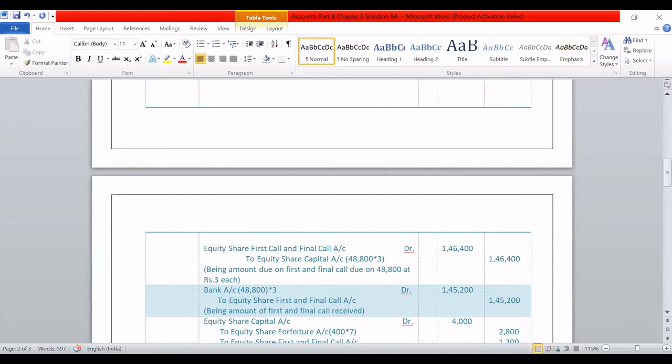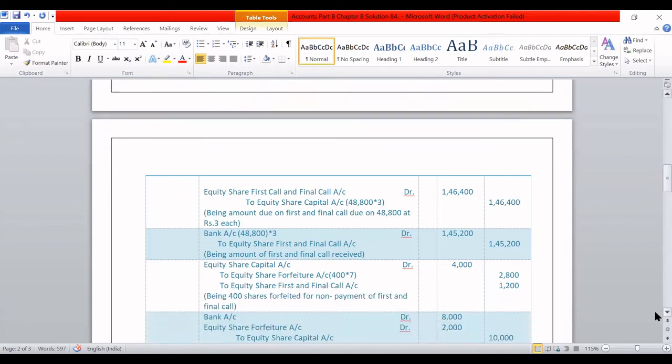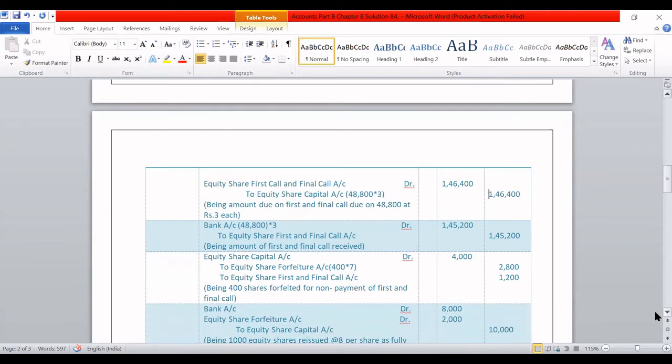That is 48,800 into 3, and 3 is the price per share in the first and the final call. So equity share first call and final call account debit 1,46,400 to equity share capital account, 1,46,400. That is the amount due on the first call and the final call, and the amount is due on 48,800 shares at rupees 3 per share.